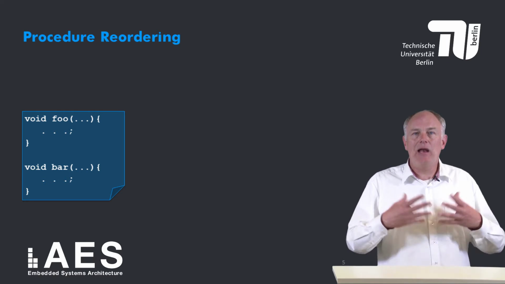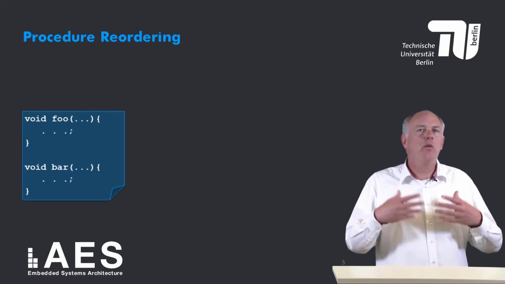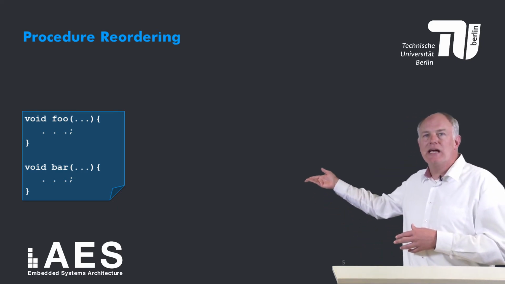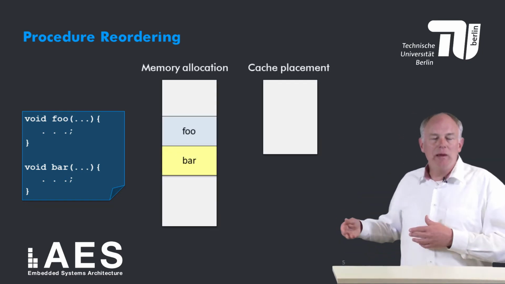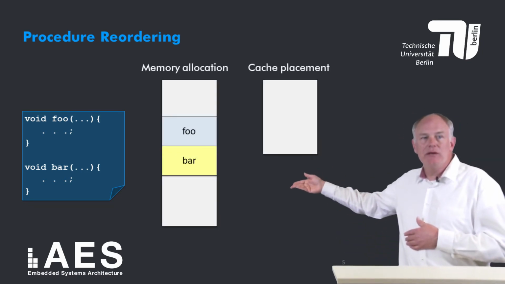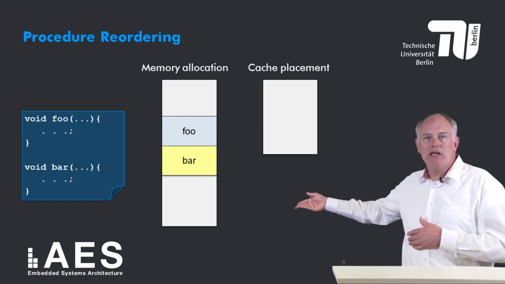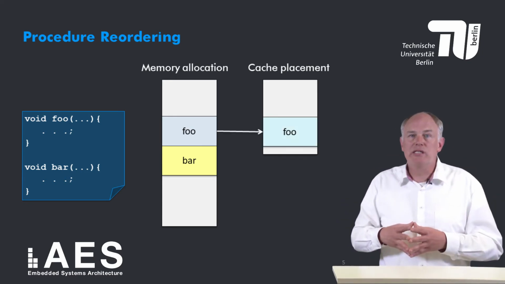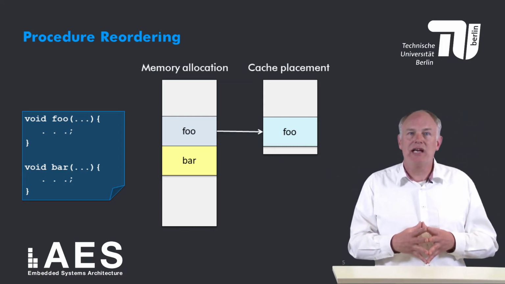If the compiler allocates consecutive functions into consecutive memory segments, we can reduce the conflict misses by placing foo and bar consecutively in our program as sketched here. Then foo will be placed in the blue memory segment and bar will be allocated in the yellow segment that immediately comes after the blue segment. If now foo is called, it will be placed in this area of the instruction cache.